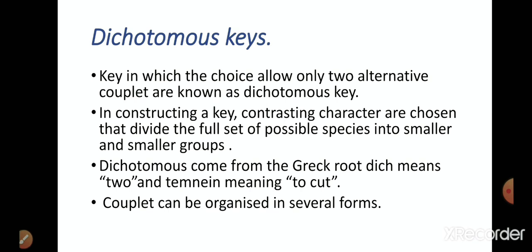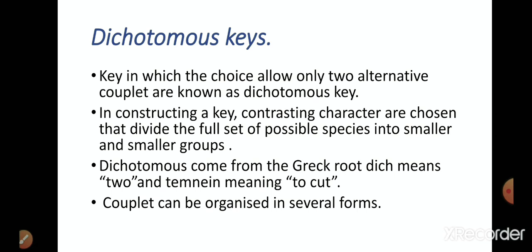In the key, contrasting characters are chosen that divide the full set of possible species into smaller and smaller groups. So these two alternative couplets are useful for the identification or comparison of organisms.